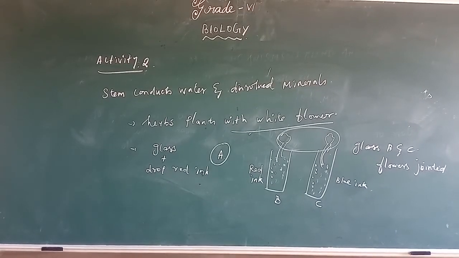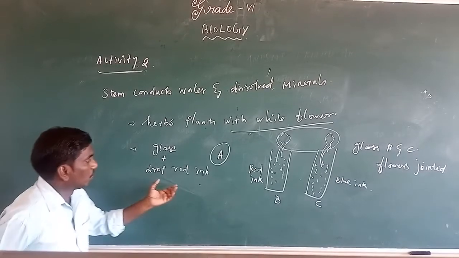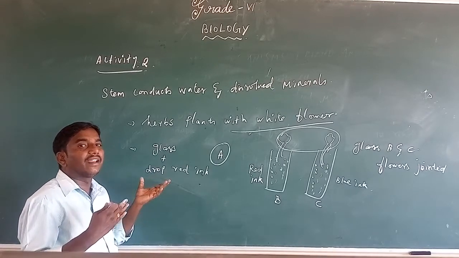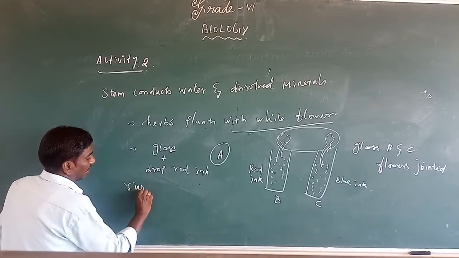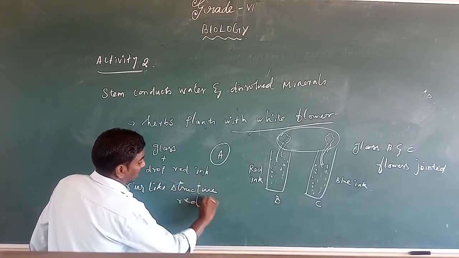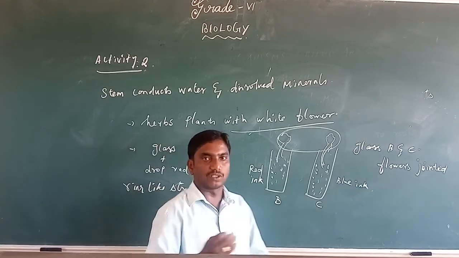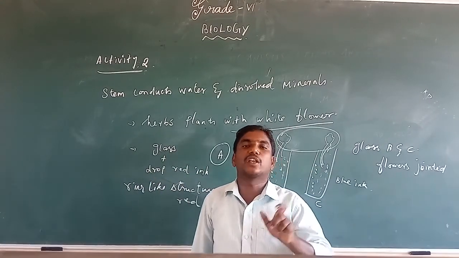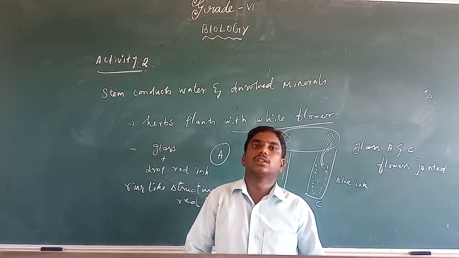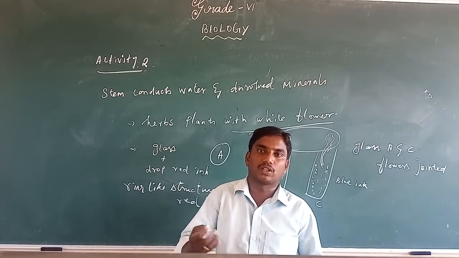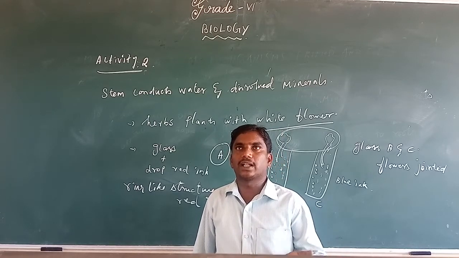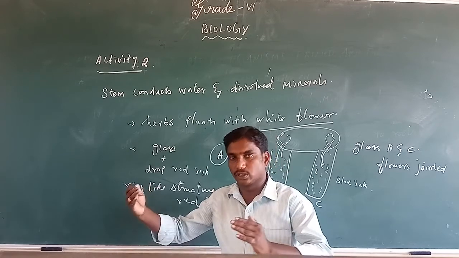Definitely, the ring-like structure of red is present in the stem regions, because the stem is carrying the water and minerals, and some substance is dissolved with the water. Only then can water and minerals reach the whole parts of the plants.